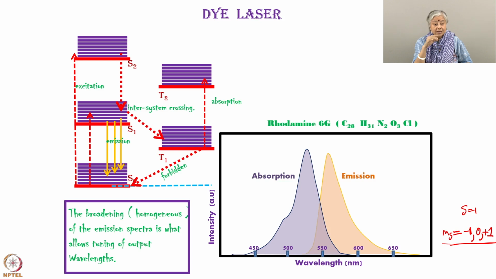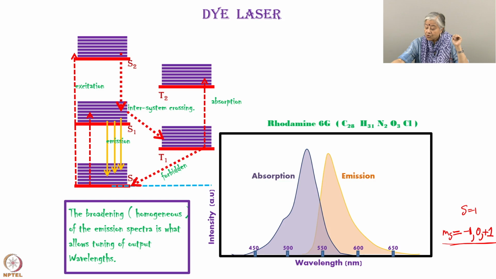They are all there, overlapping levels, in the purple lines that I have shown. So, you have a whole bunch of these roto-vibrational levels for each of these electronic states, which is true in the singlet state and also in the triplet state.